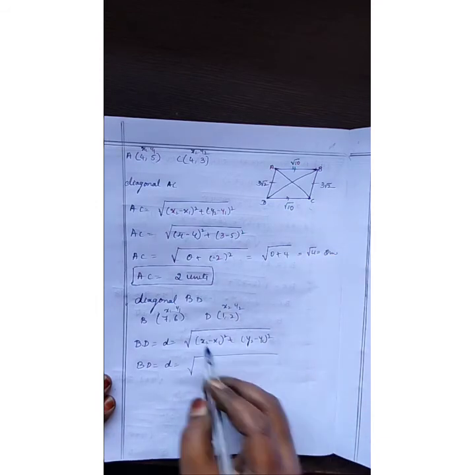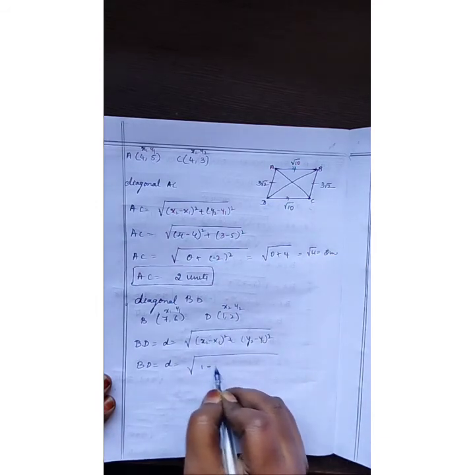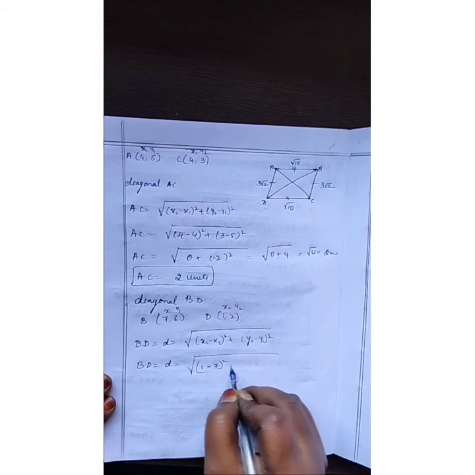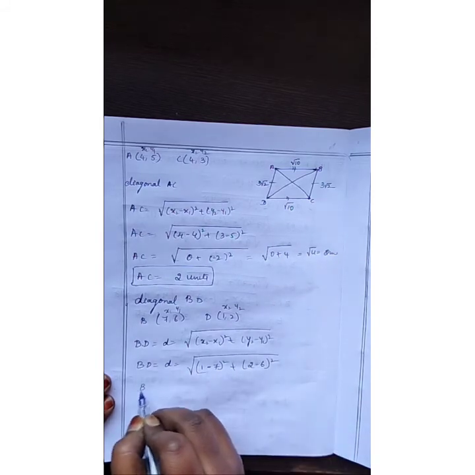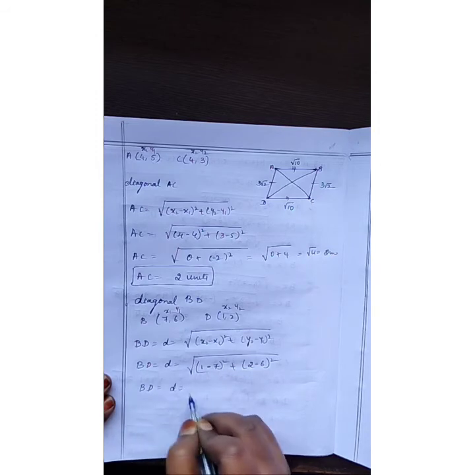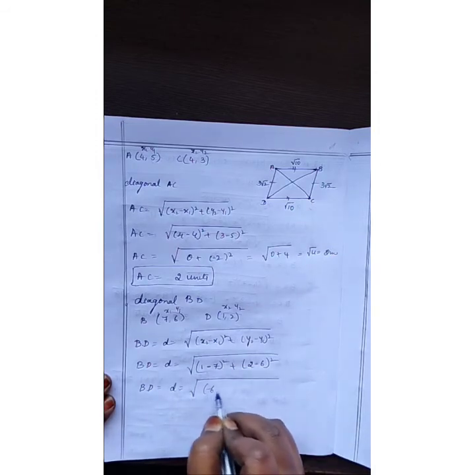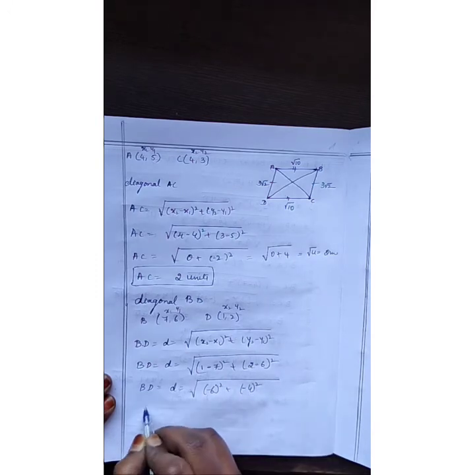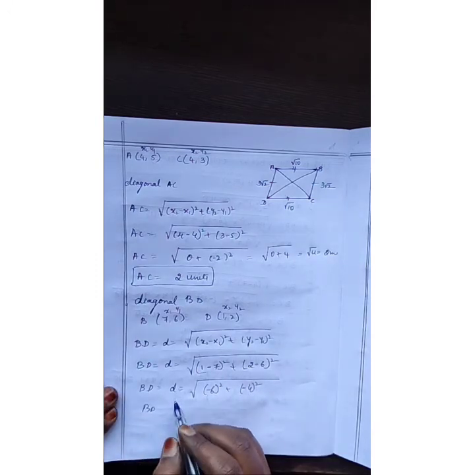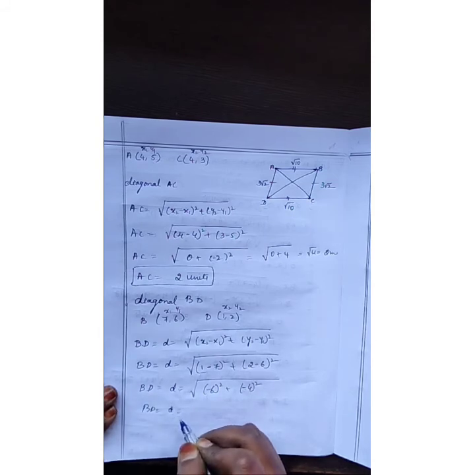Now substitute these values. x2 value is 1, x1 is 7 whole square, y2 value is 2, y1 value is 6. Okay, BD equals 1 minus 7, how much will you get? Minus 6. 2 minus 6 is minus 4. Okay, then BD equals, how much will you get children here?